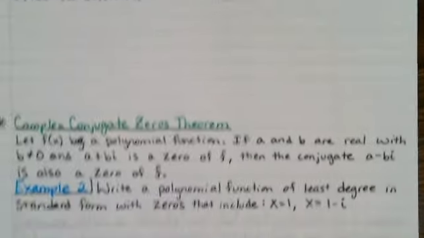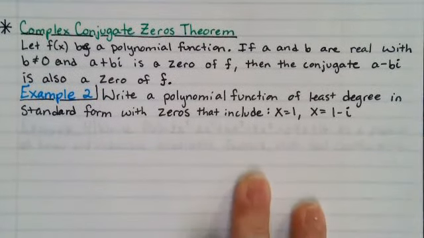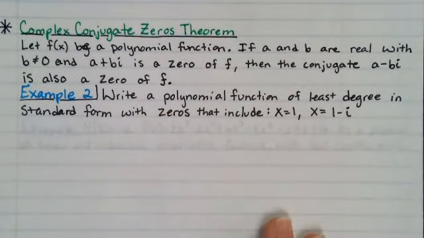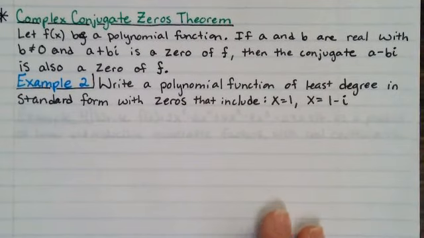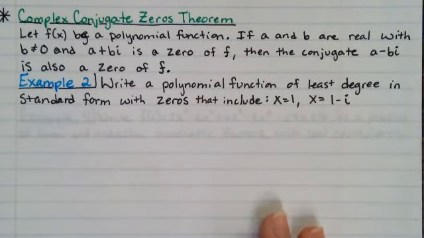So, cool. Now let's talk about the complex conjugate zeros theorem, okay? We said that we're going to let f of x be a polynomial function, if a and b are real with b not 0, and a plus bi is a 0 of f, then the conjugate a minus bi is also a 0 of f. Basically, if you see that complex number with that imaginary number in there, then that's not the only imaginary solution.